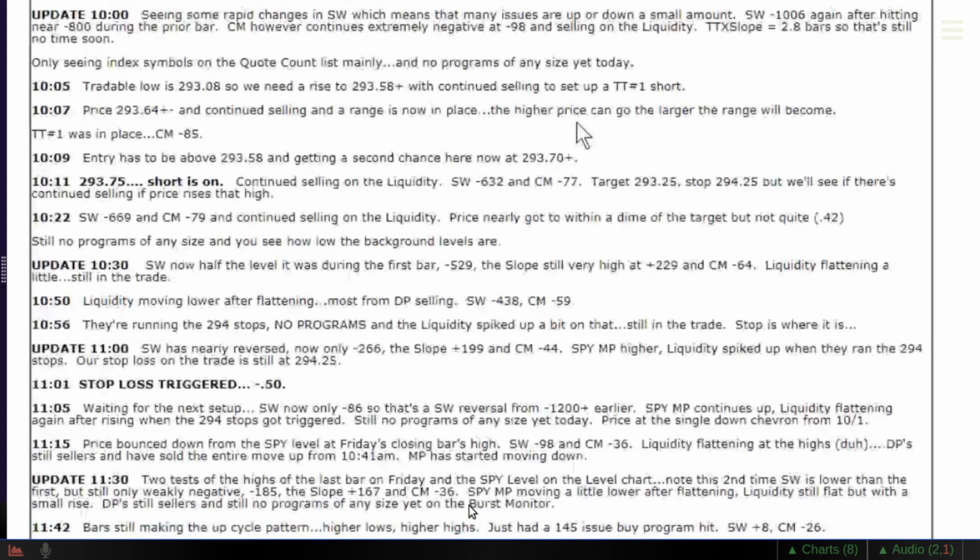The higher price can go, the larger the range will become. Trade type number one, the short is on at 293.75. Put in our target, 293.25. See, I have those reversed. The target's 294.25. The stop is 293.25. And here we got stopped out at 11:01.